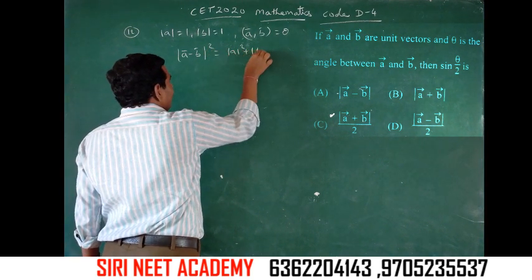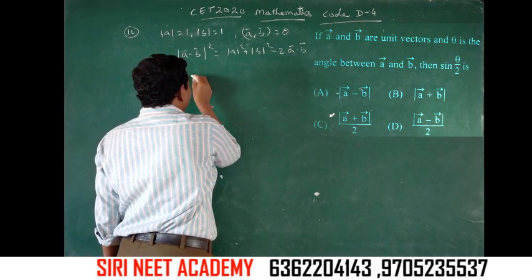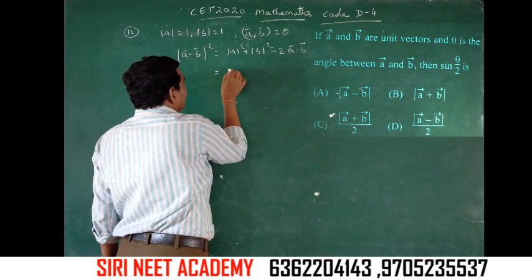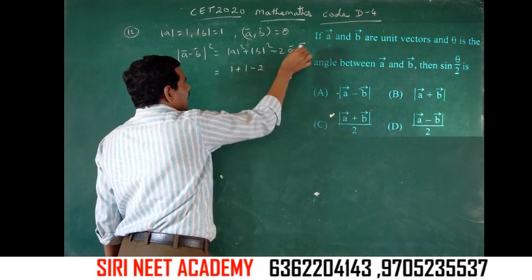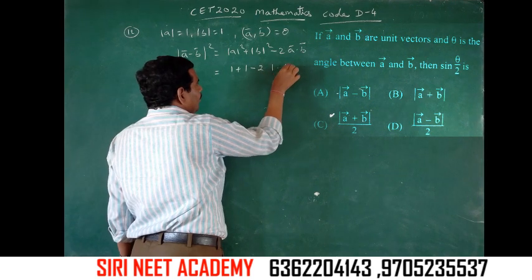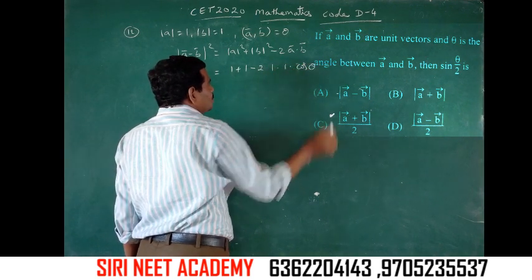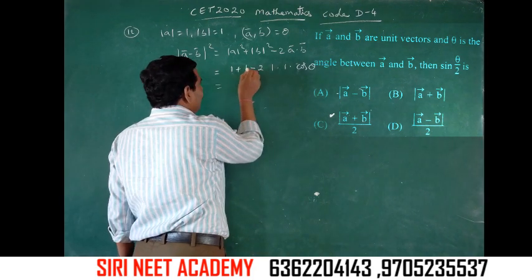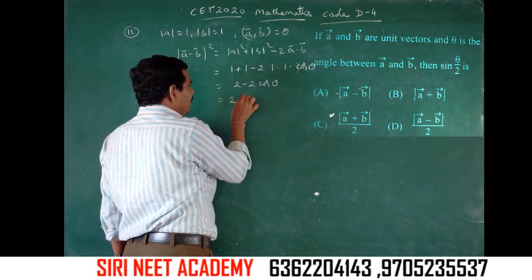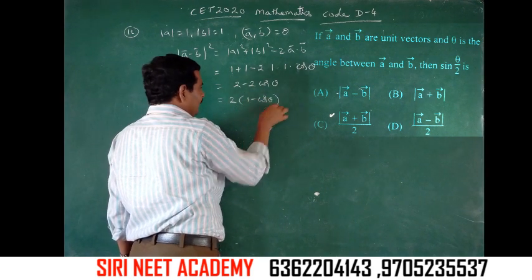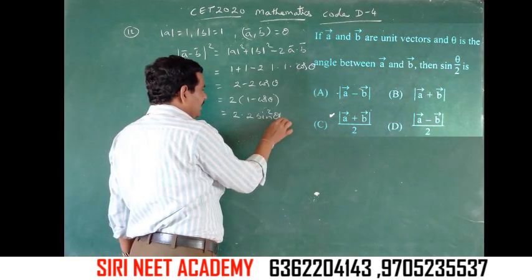Mod A square plus mod B square minus 2 A dot B. Mod A square is 1, mod B square is 1, 2 into mod A mod B, and the angle between A and B is theta, so cos theta. 1 plus 1, 2, minus 2 cos theta. 2 common, 1 minus cos theta. 1 minus cos theta is 2 sin square theta by 2.